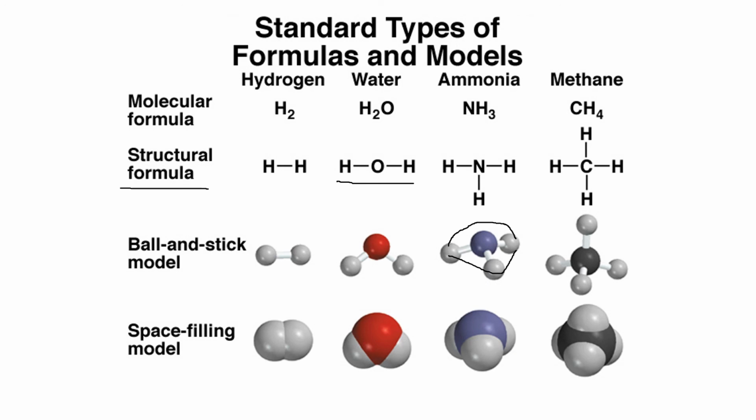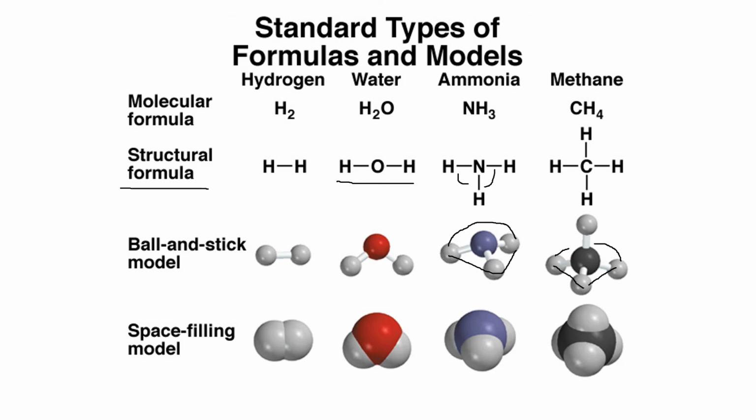So these are not 120-degree bond angles here. And while the structural formula for methane also looks flat, we see there's a triangle here, and then we have our central atom and this atom up here.